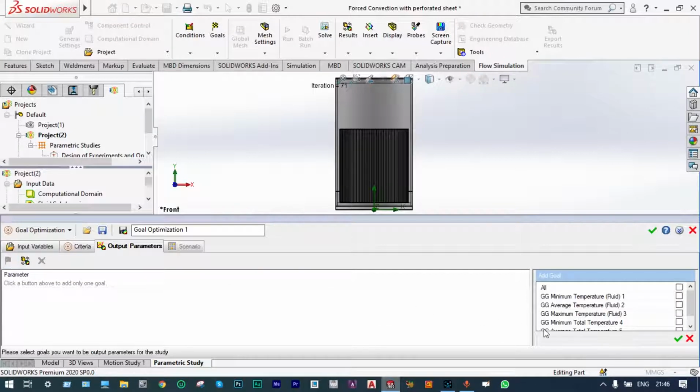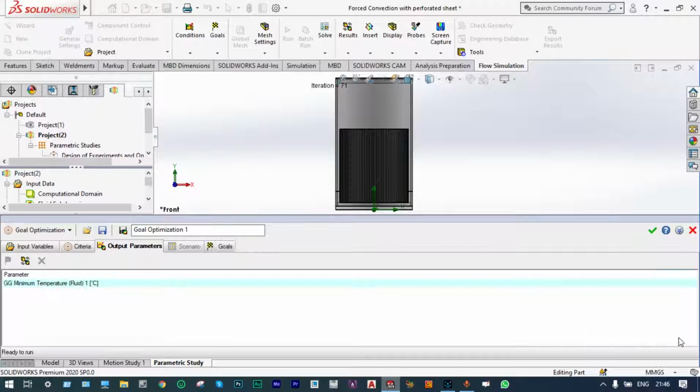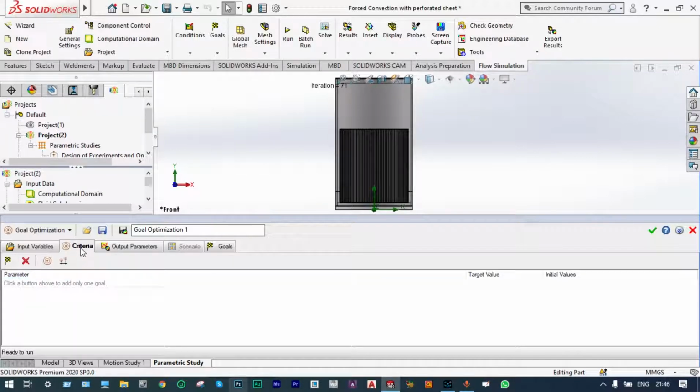We have to select only one goal. We want the minimum temperature of fluid to be 10 degrees centigrade, right? So select the minimum temperature of fluid as the main goal. We'll check. Let us select the criteria, and we want to provide the target value to be 10 degrees centigrade.